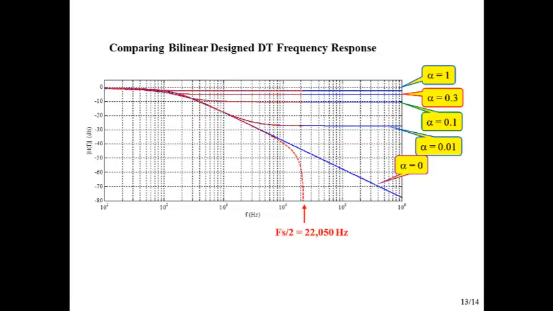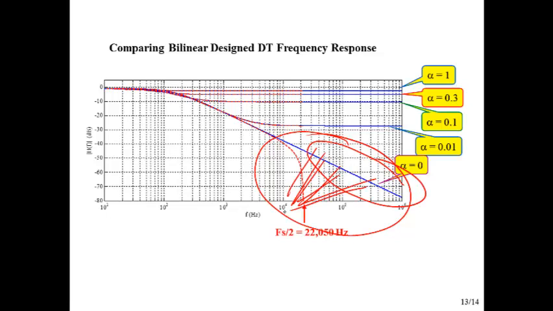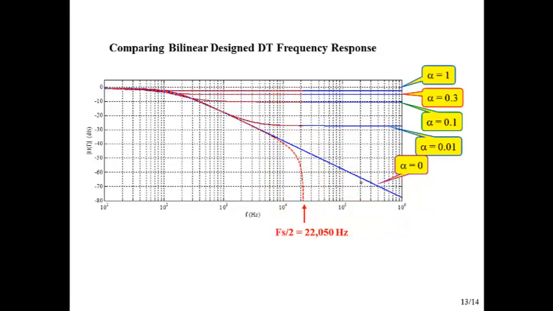The place where we see the most error is on alpha equal to 0, and there we can see that all of these frequencies out here are getting mapped into points really close to fs over 2, so that causes this line to bend down like this.